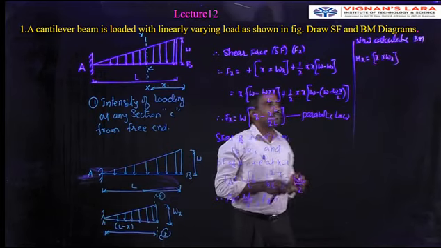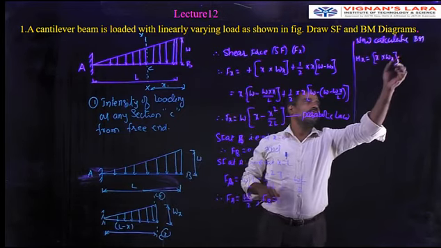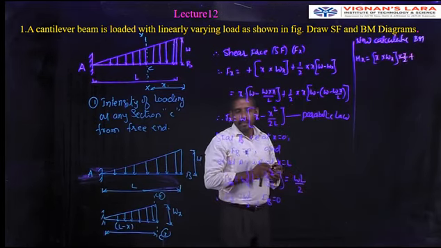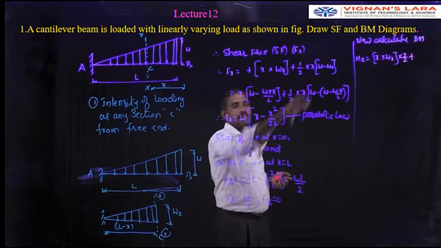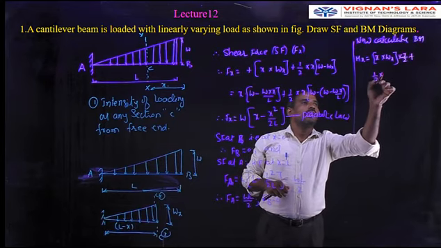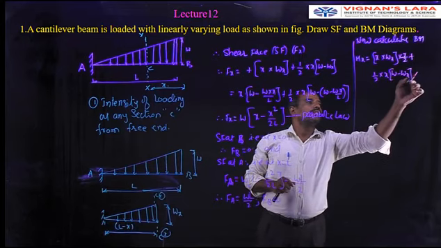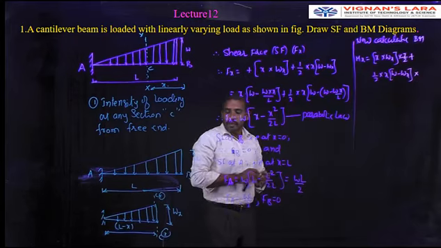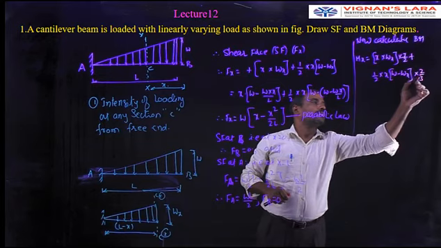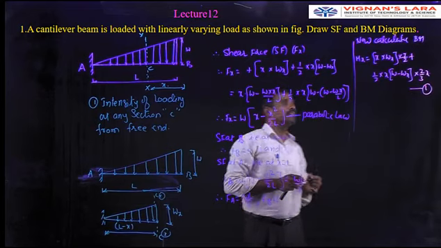The position of the x into Wx with respect to the section XX is at a distance x by 2, plus the shear force under the right angle triangle area, that is equal to half into x into (W minus Wx). That is always measured from the slant side vertex, then simply that is 2/3 of x. So this is equation number 1 while determining the BM.